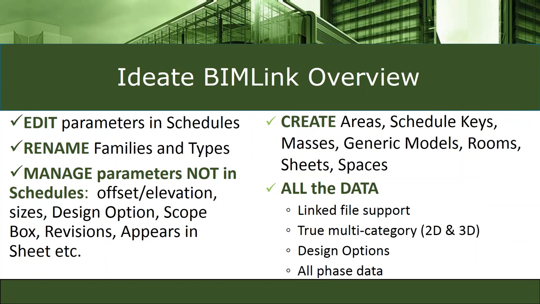So we support both 2D and 3D categories, all the design option data, and all the phase data as well. So Ideate BIM Link, again, allows you a very flexible workflow of setting up your link definition, exporting, making changes, and then importing that data back.